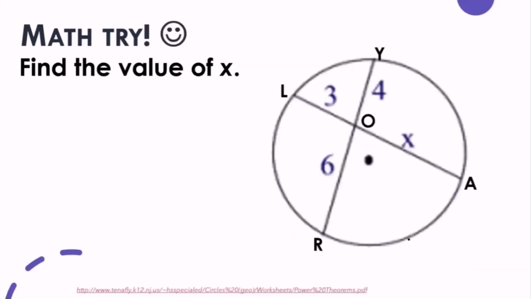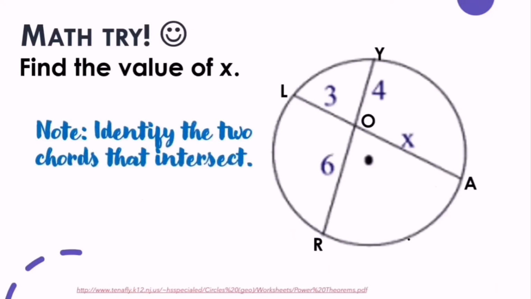Next one. Let's try this one. So, ulit, we're going to identify the two chords that intersect. What are those? Those are segment LA and segment YR. Okay? Tapos, ano yung bumubuo dito kay segment LA? So, mula kay L, papunta kay O. So, segment LO.